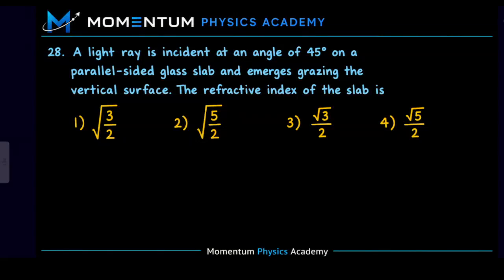Try this one. A light ray is incident at an angle of 45 degrees on a parallel sided glass slab and emerges grazing the vertical surface. The refractive index of the slab is?